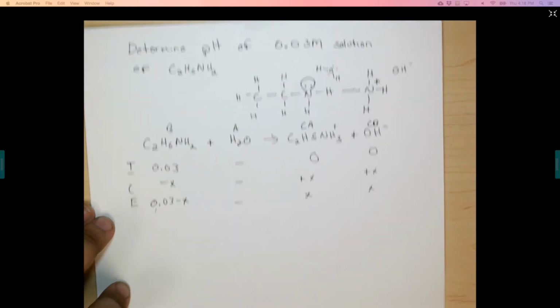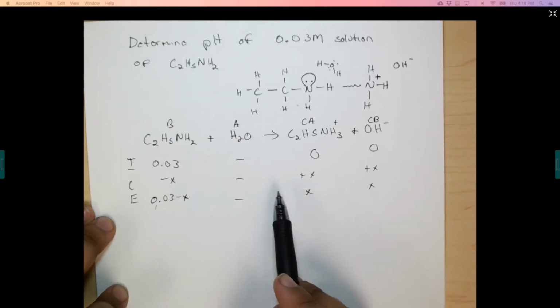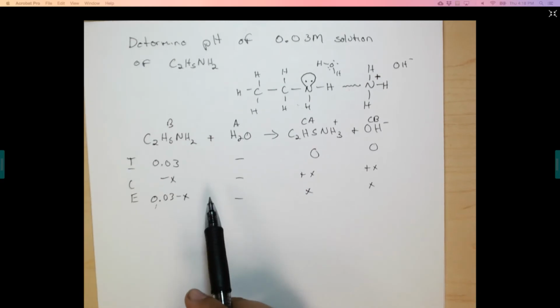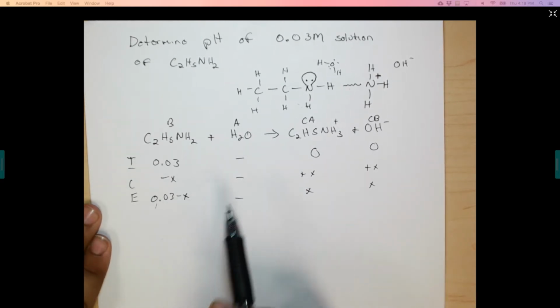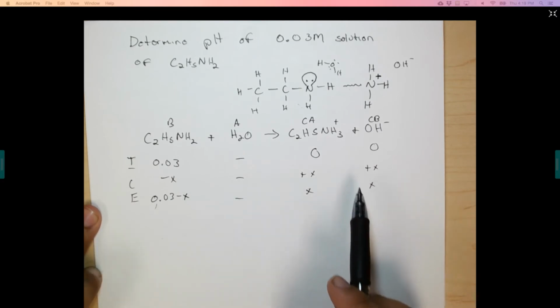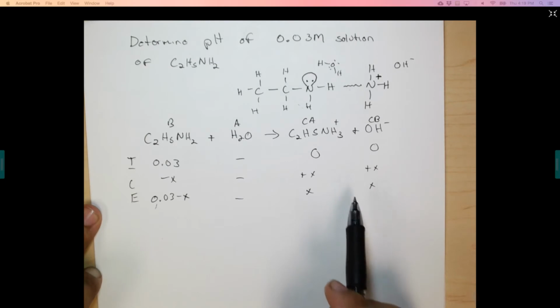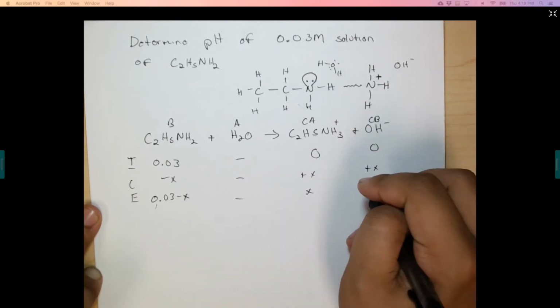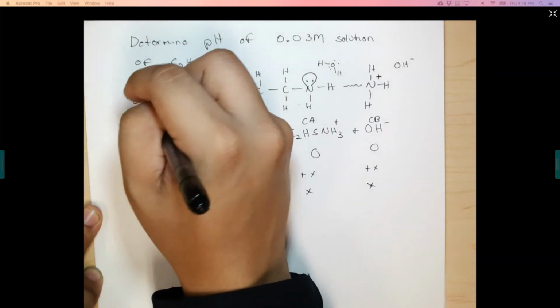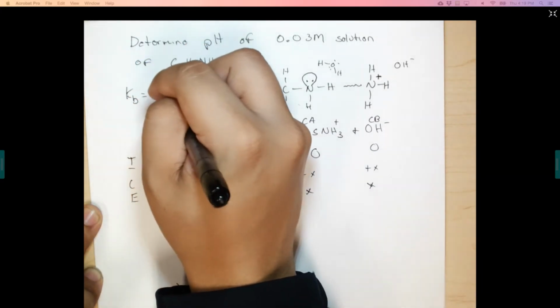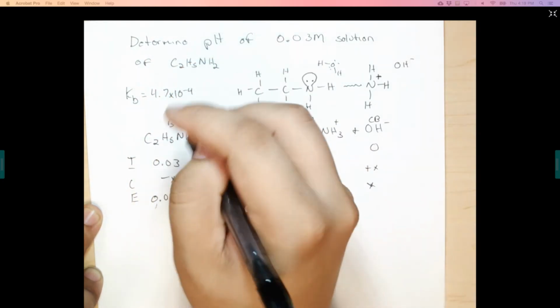So again, being able to fill this table out with ease and making sure you're not making any mistakes is imperative for this chapter. Now, to get pH, OH minus will give us insight into that. It won't give us pH directly, but it will give us information that we can calculate pH from. So we now have to use the Kb. The Kb off of our reference material is 4.7 times 10 to the negative 4.